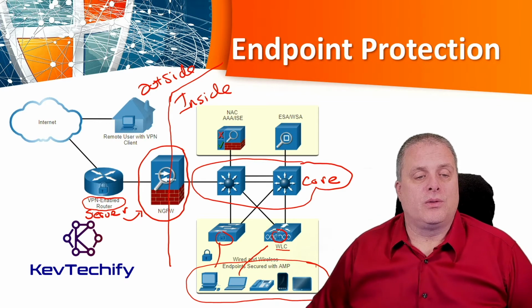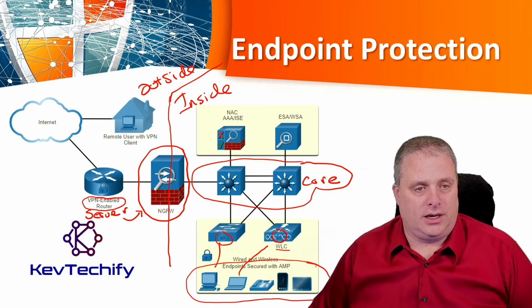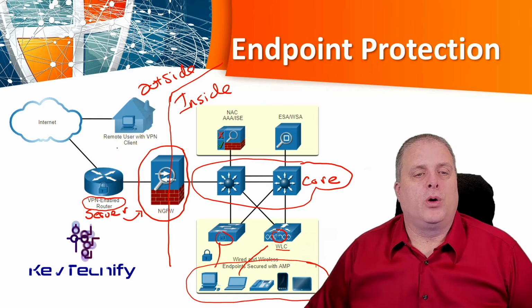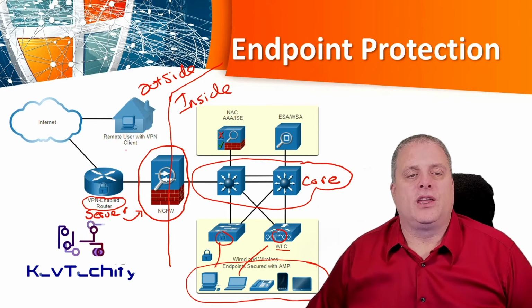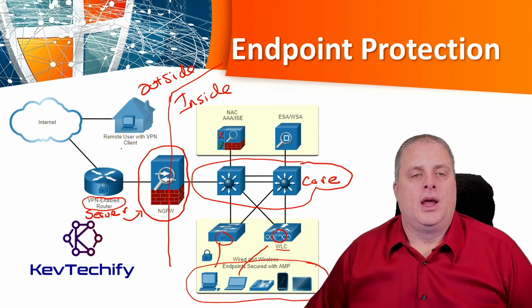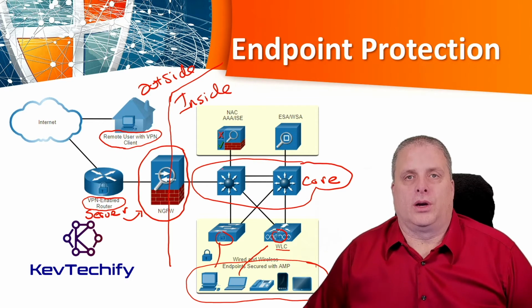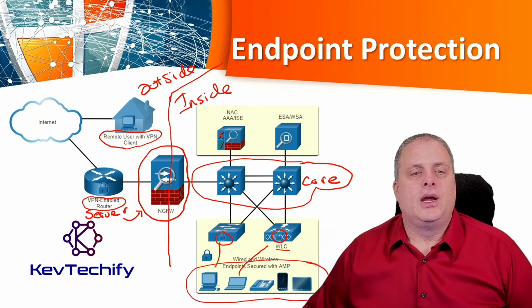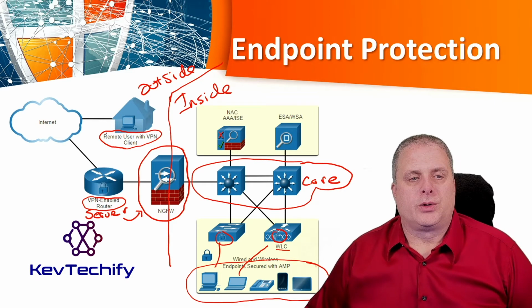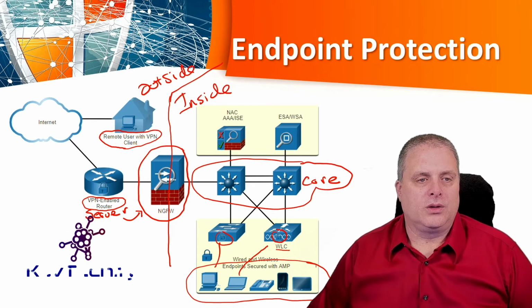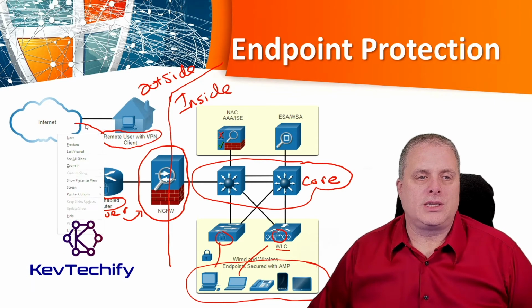But what this router server VPN here does is allow a remote user. You have executives who want to work from home, and they want to be able to open up their computer, connect into the network, and do their work. Well, what you have to do is use a VPN here to create a tunnel. And that tunnel goes from their house across the internet.